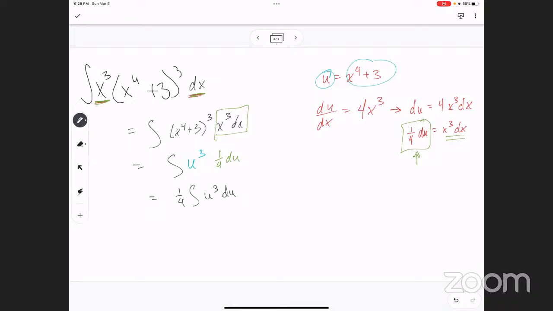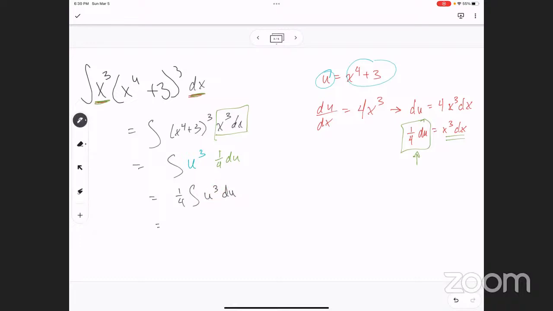And now what's the integral of u cubed du? I can do this because that's just the power rule, right? If I asked you what's the integral of u cubed, what would you do? Instead of bringing this down to the front and subtracting 1, which is what you do for the derivative, you're adding 1 and dividing by that new exponent, right?